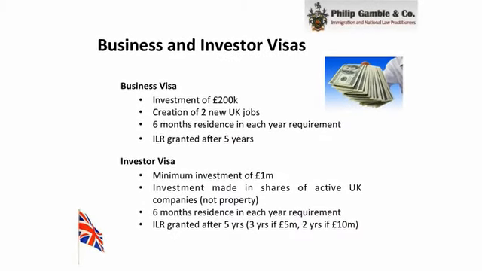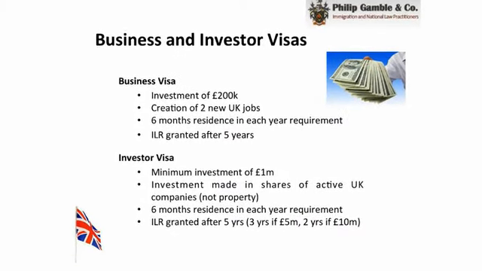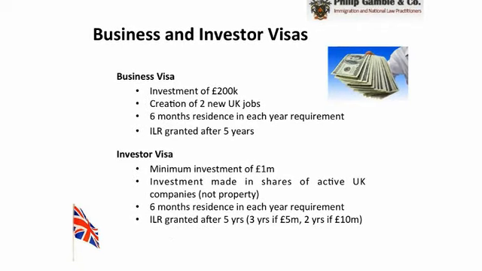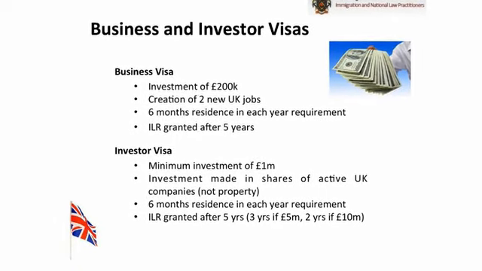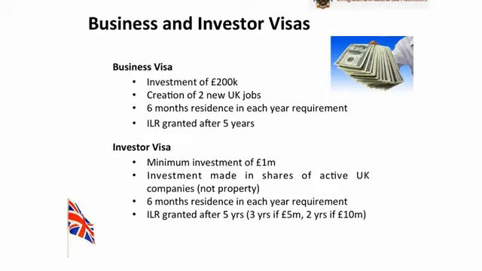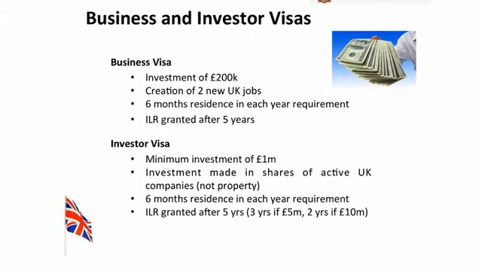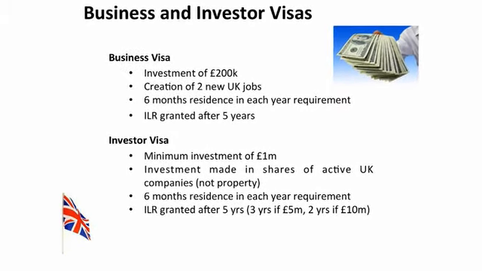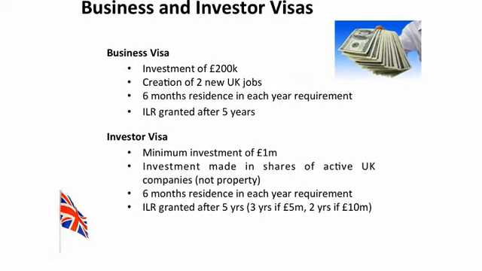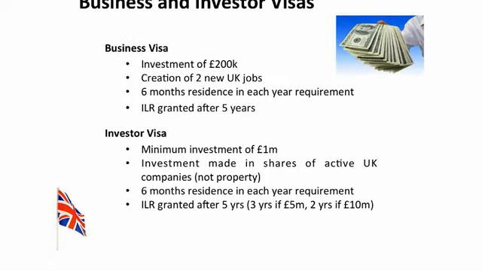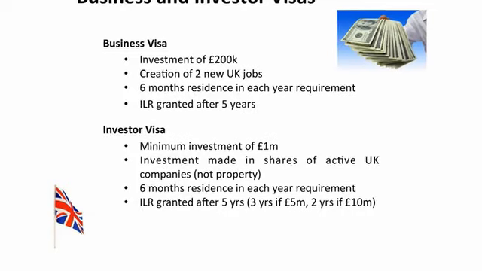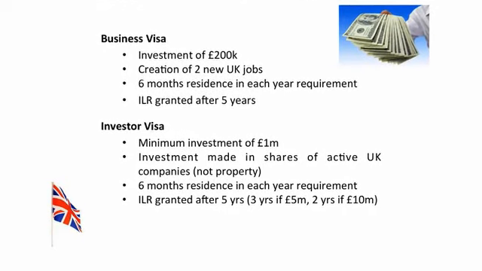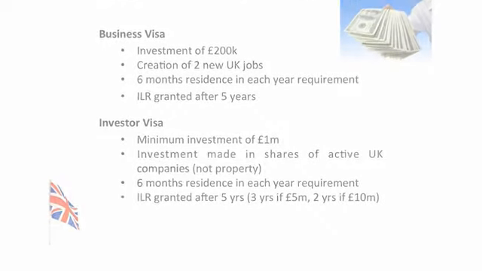For those that don't wish to work, a further investment category is available, and an investment of £1 million into UK government bonds or the active trading stock of UK companies can acquire a visa again for a 5-year period based simply on the money being invested. Investment in property is prohibited, and again, indefinite leave can be granted after 5 years residence in the UK.